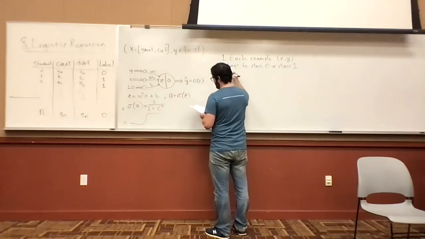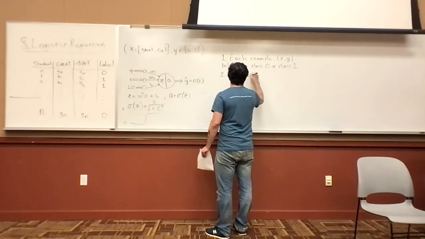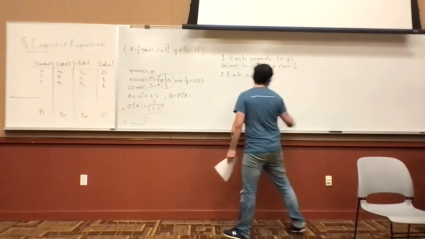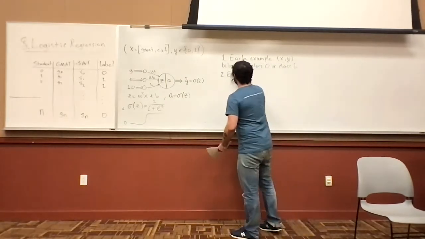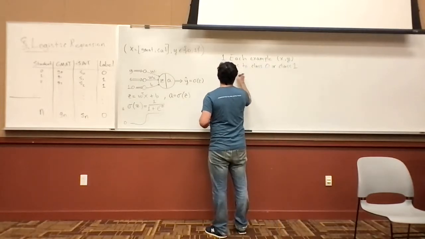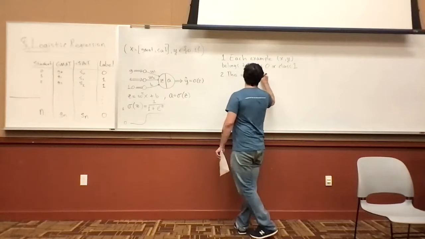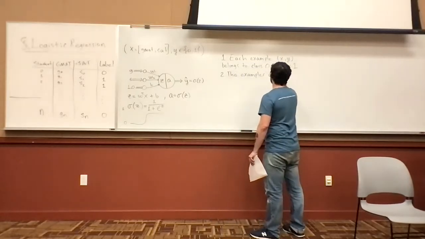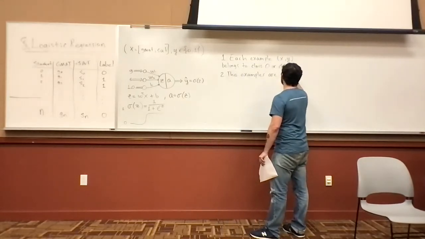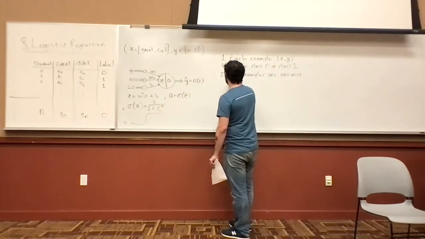But now we can maybe assume this: the examples are pairwise independent. And what do I mean by that?